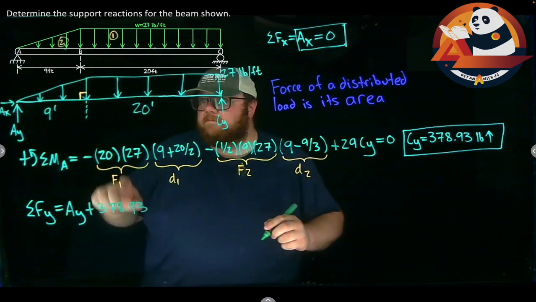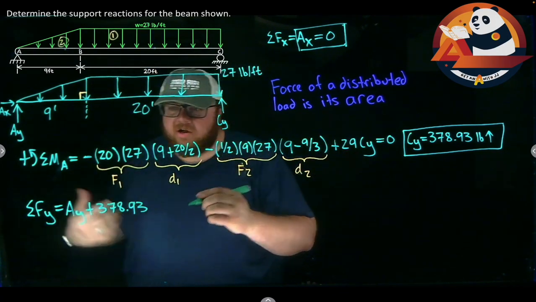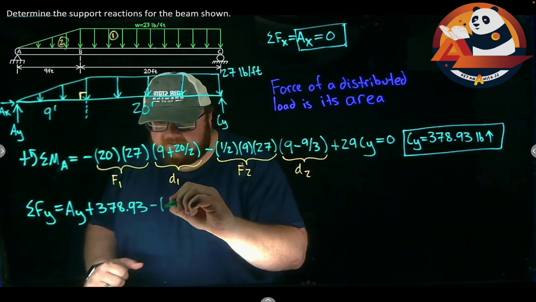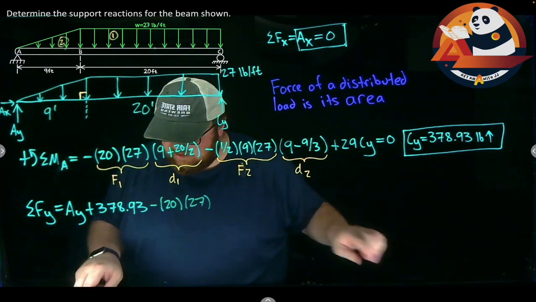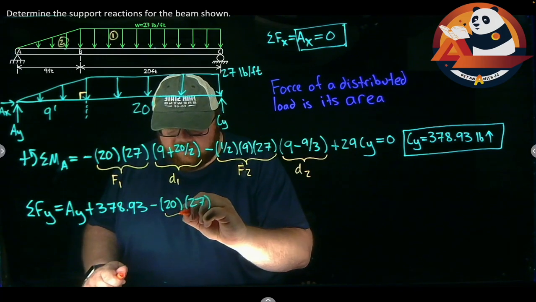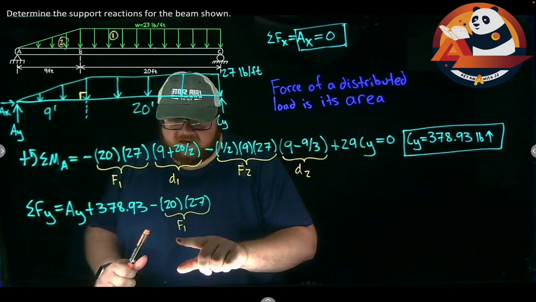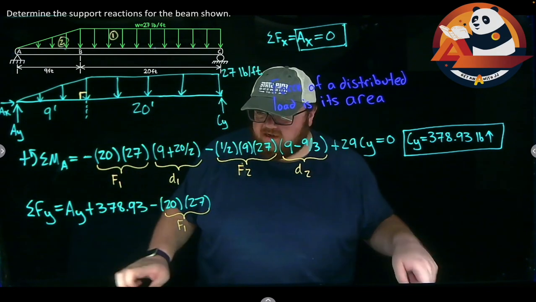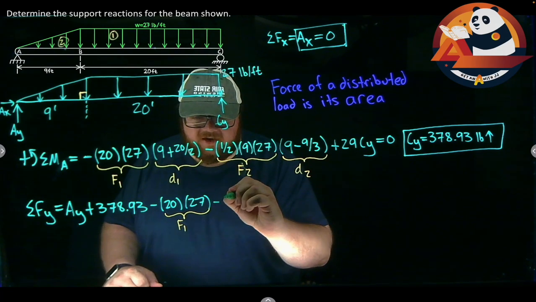378.93. Minus each force. So force 1, the area from our distributed load, would be minus 20 times 27. Again, that is F1. We're not multiplying by distance again here because we're not doing moments. It's just force. Force times distance gets us moment. But then minus the area of our force 2, of the triangular distributed load.